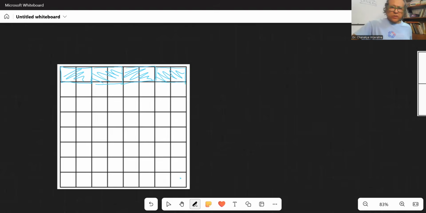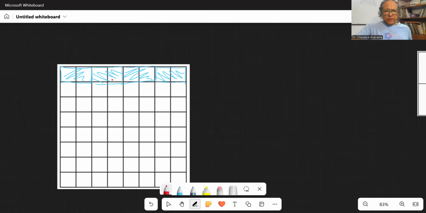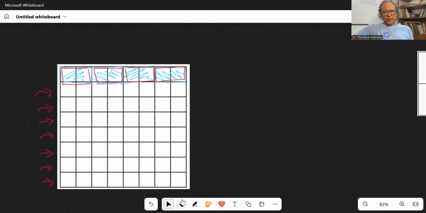We used four tiles, four dominoes. And we can do the other rows similarly. Each row we can tile by four dominoes, so we can tile the whole board. That's easy, so this can be tiled by dominoes.